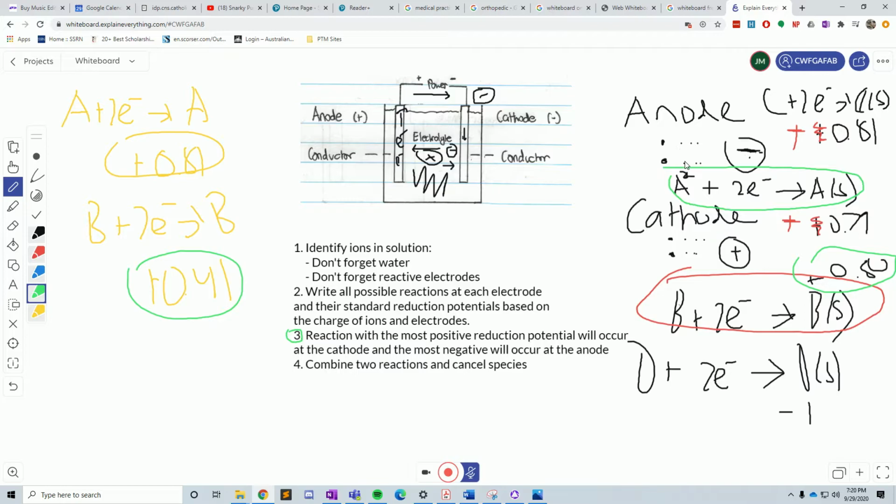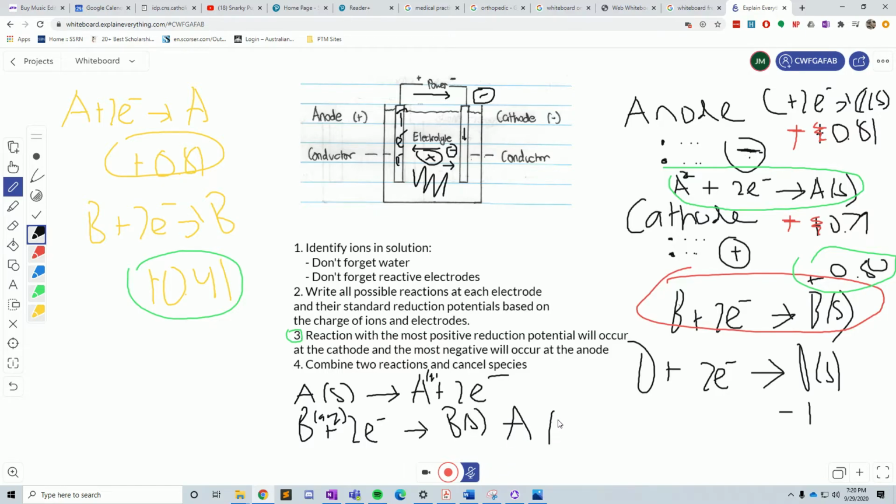Okay, now we have A happening, B happening, and when we combine these, we have A over here, and remember it's oxidation, so it's going the other way, plus 2e minus over here. And we also have B plus 2e minus being reduced at the cathode, goes to B, and we can combine these as usual, and so we get A. Let's say this one's aqueous and this one's solid.